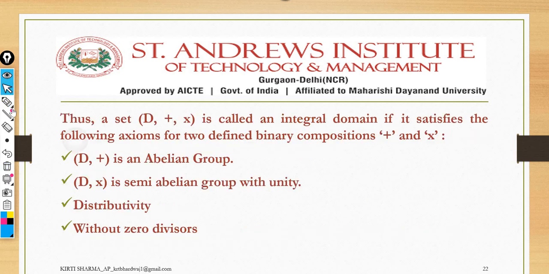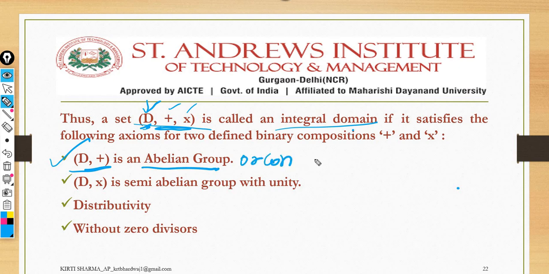The next thing that we have here is D. We are taking D as the element to show the integral domain. You can write R or whatever you want to take. It's not fixed here, but this definition is fixed, like with the two binary operations this D is there. So you can say it's an integral domain when D is satisfying: first thing was commutative. Either you can say abelian group or commutative group, both are the same thing.